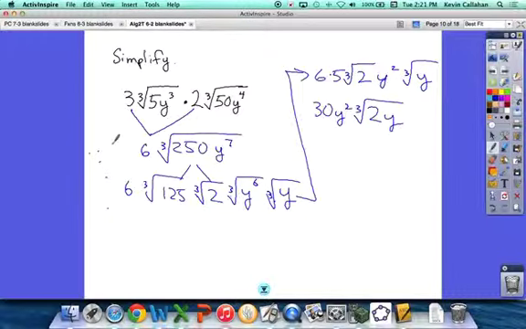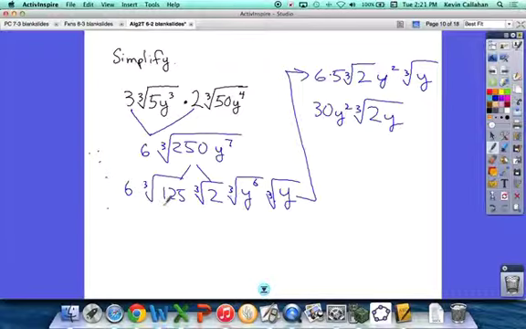What did you do there to get that? To get what? To get the final answer. From here to here? Okay, there's the 6. The third root of 125. Josh, you paying attention?